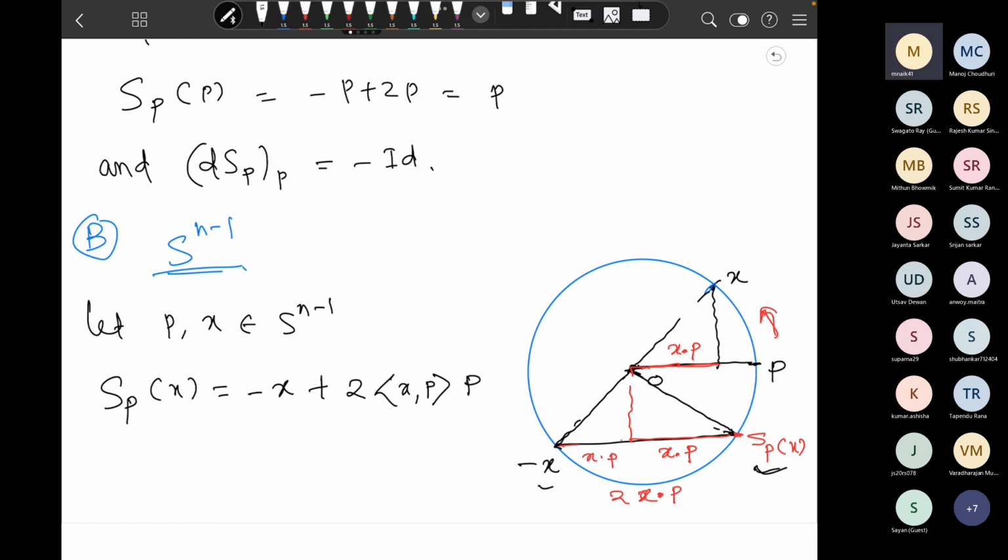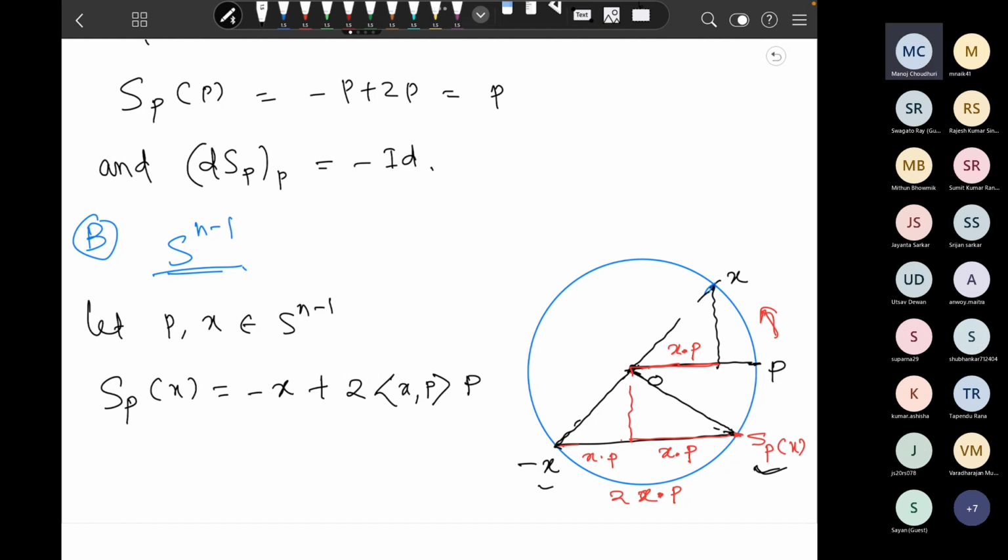Okay, is it clear, Manoj? Yeah, not fully, but okay. This is clear from the picture, right? What is the confusion? You have minus X plus this distance, and that is my SP(X).